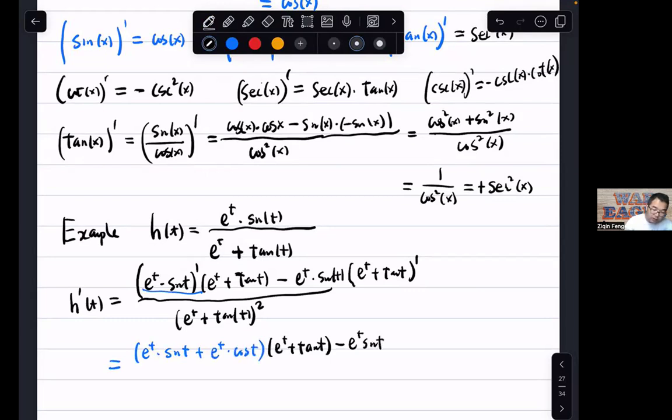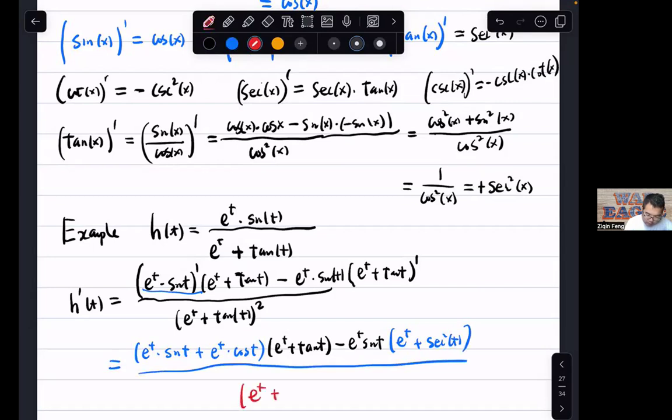The derivative of that sum uses the sum rule: e to t plus secant squared of t, over our denominator, which is e to t plus tangent of t, squared.